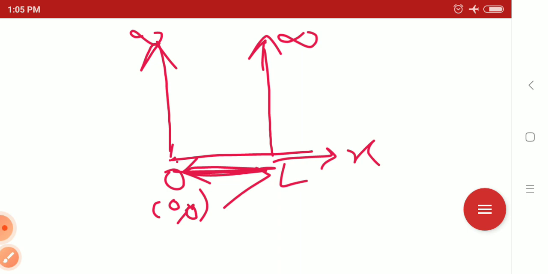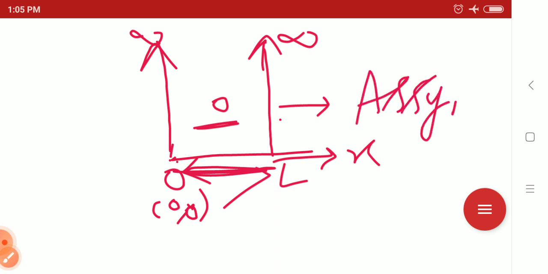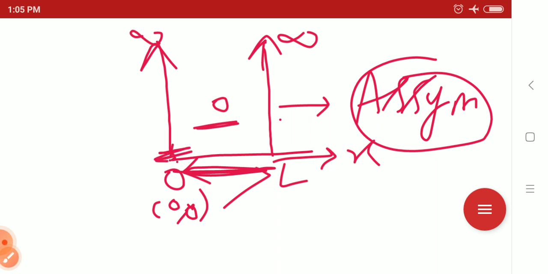Inside this box the particle is trapped, and the trapped particle has potential V equals 0. So that's it, and this is an asymmetric potential. Why is it called asymmetric potential? Because with respect to the origin, it is not symmetric.